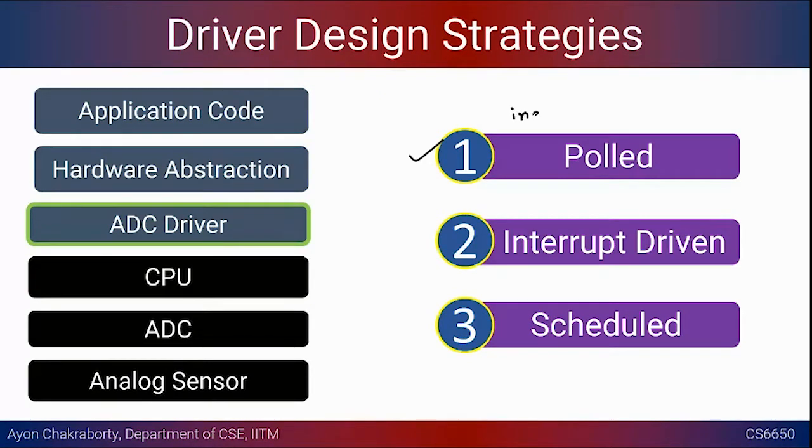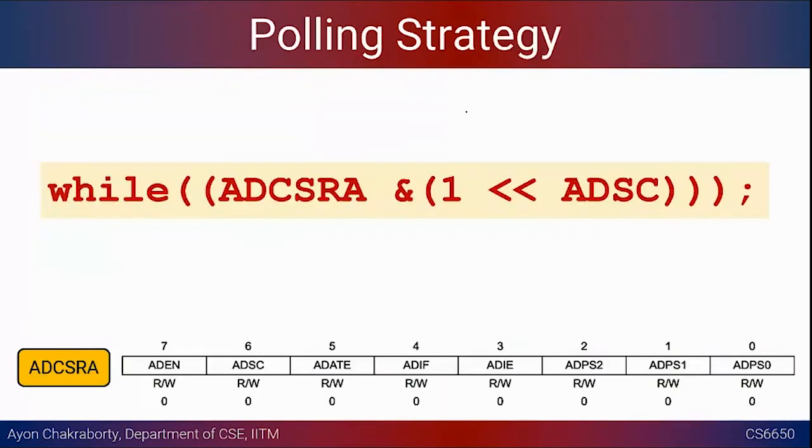So this was inefficient, and the reason being, we had this busy wait where we were checking a particular flag whether the conversion has completed or not, right? So there was a particular flag called start conversion, and we were waiting for checking whether it becomes 0 or not, right? If we put a value of 1, it starts converting, and if it is 0, the conversion has finished.